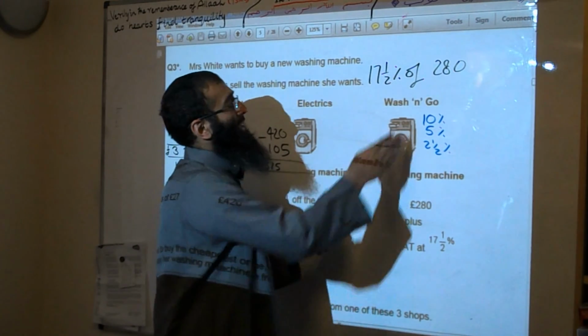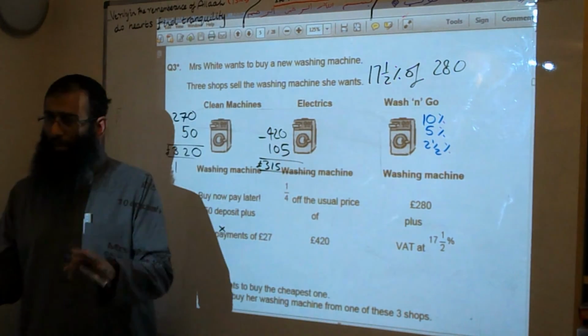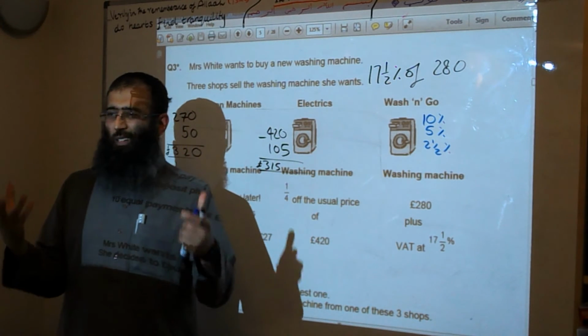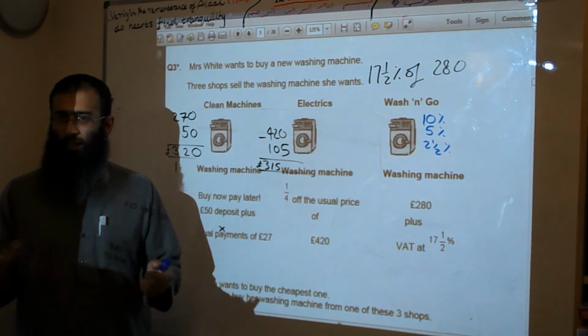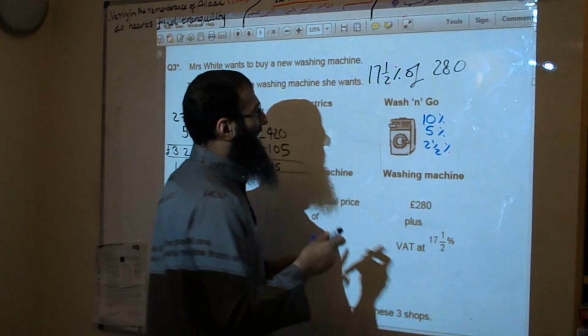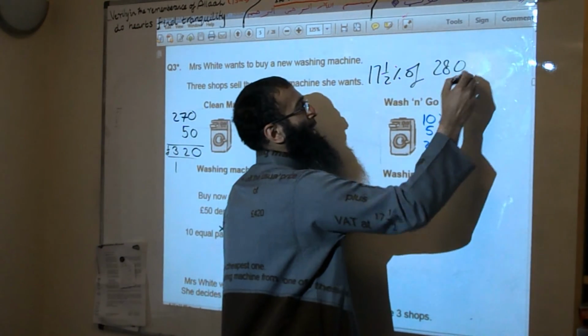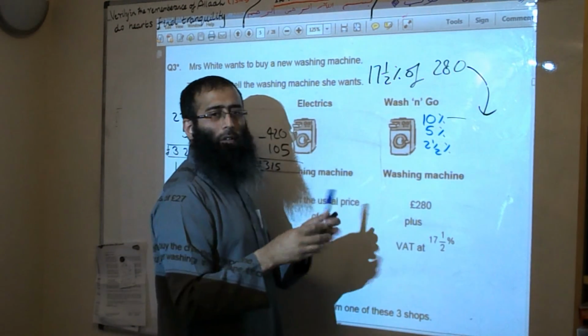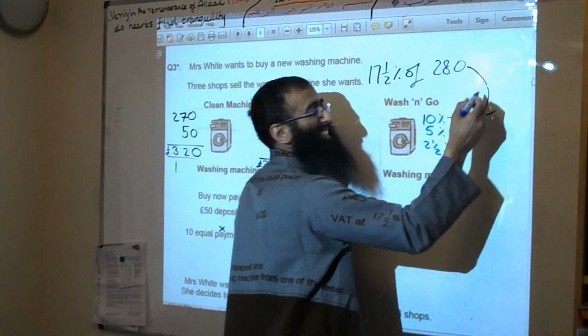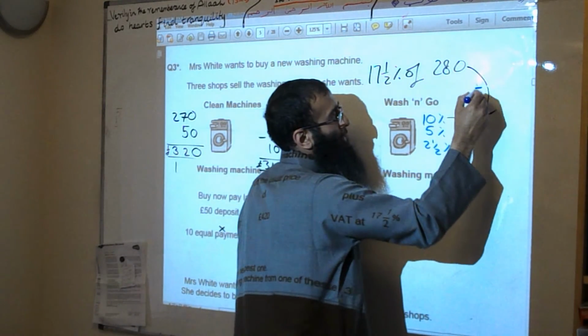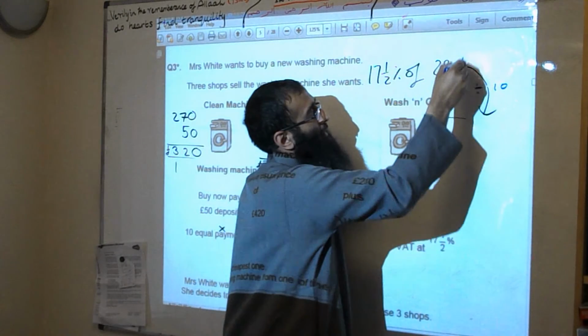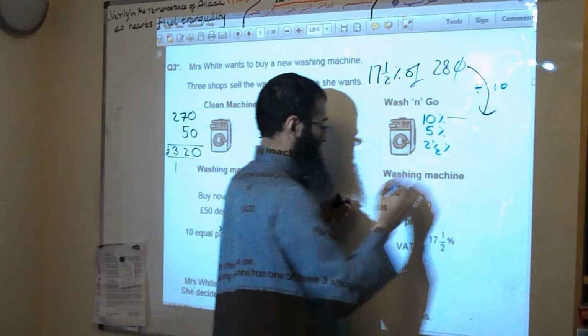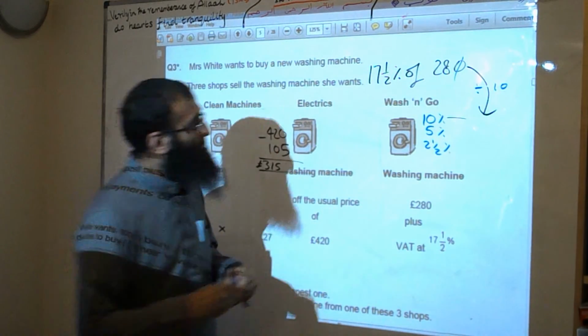Okay, now we've got to work out 10% of 280. Working out 10% of 280, folks, it's like a gift. It's like Eid, happy day. How do we work out 10% of 280? Easy technique. 10% is 1/10, so we divide by 10. 280 divided by 10 is 28.